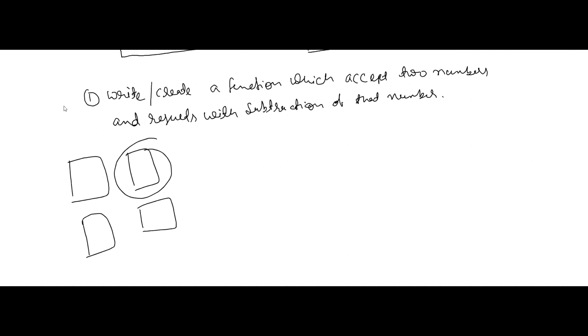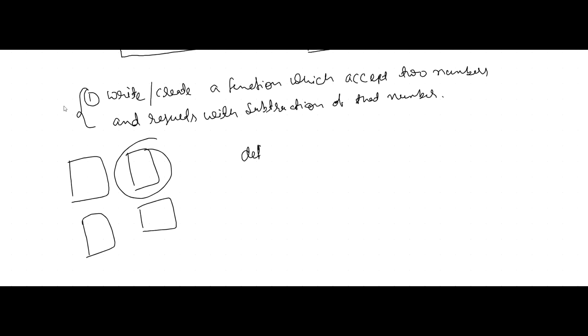So I am just trying to create a very simple, ABC-of-English example: a function which will accept two inputs and give the subtraction of them. How can we do that? Let us suppose I create a function with def, and the name of the function is demo.